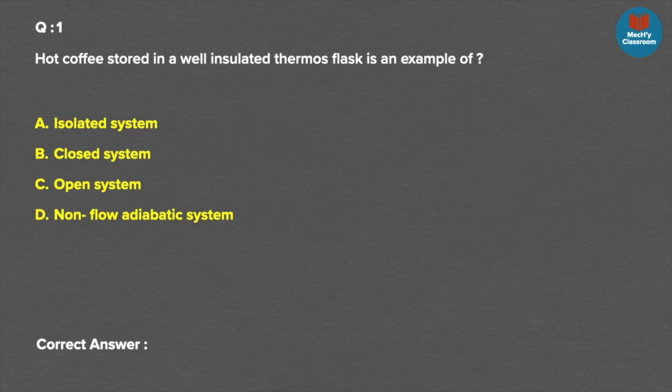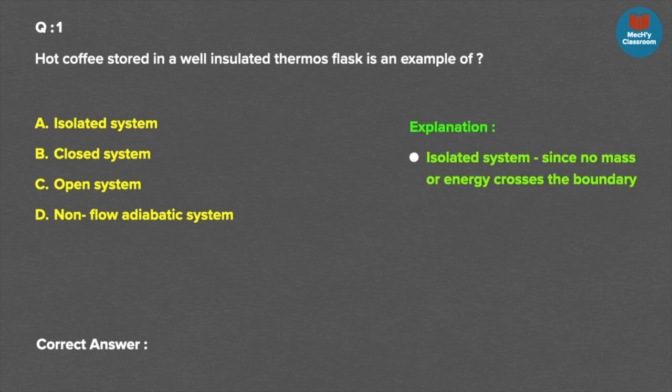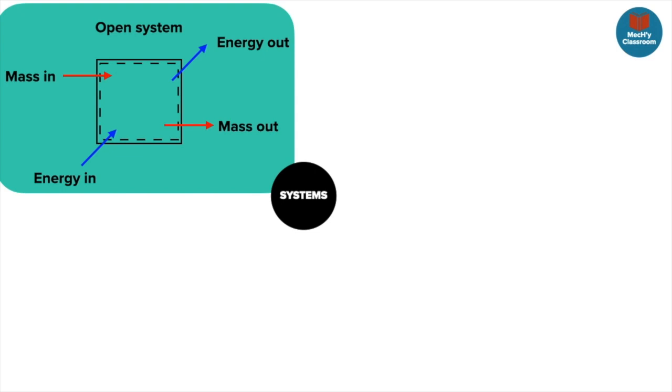What is isolated system? Isolated system is a system in which there is no energy or mass that crosses the boundary. We will discuss the different types of systems. First one is open system. In open system, mass transfer as well as energy transfer can take place across the boundary.